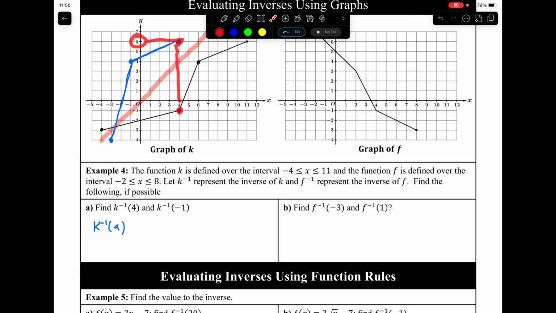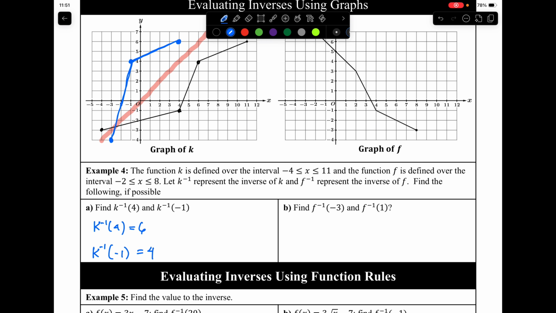We see that the y value is 6. So your answer is 6. And the inverse of k when x is -1. Looking along the x-axis at -1, the output value, again, is not this one down there, it's on this here, and is going to be 4. So there is your value of the inverse at those specific values for k.